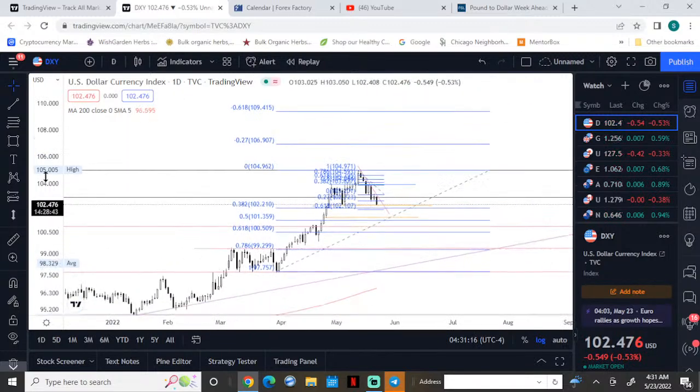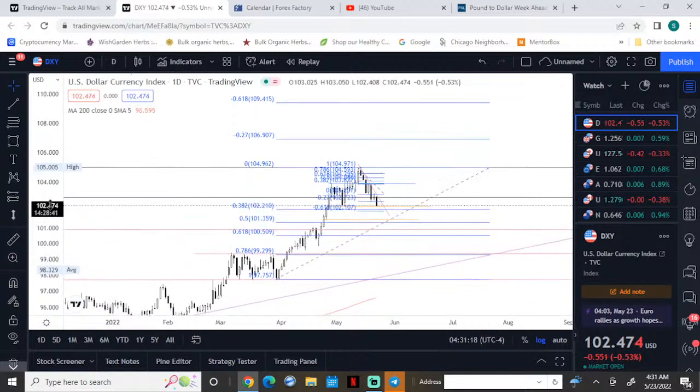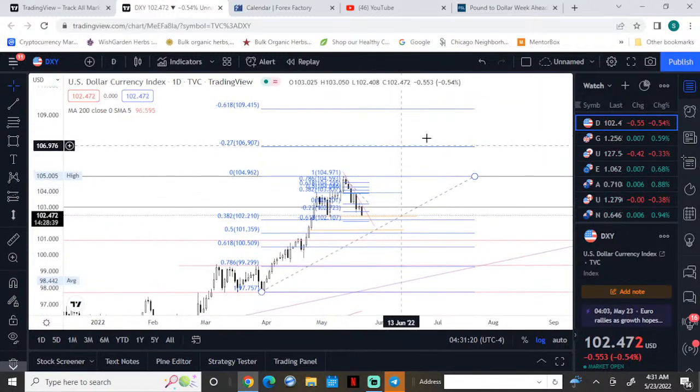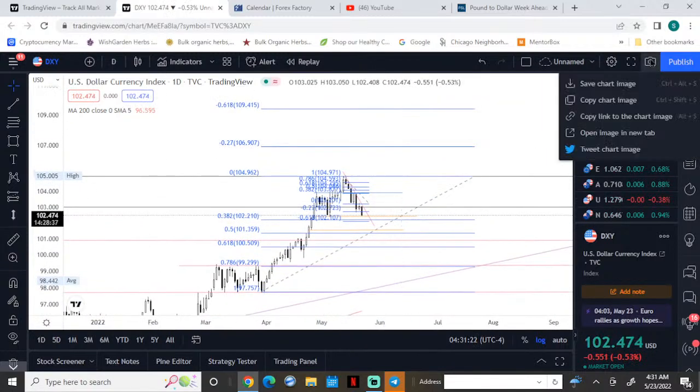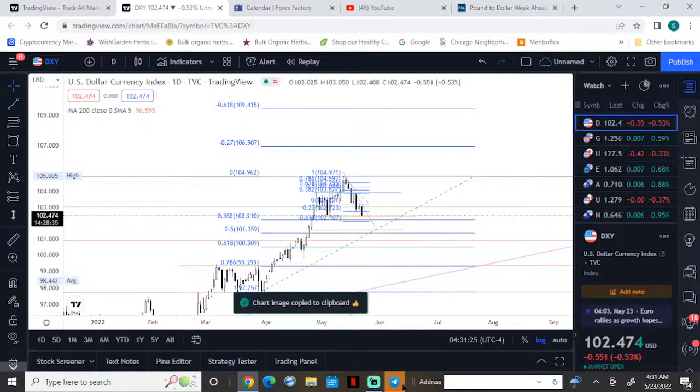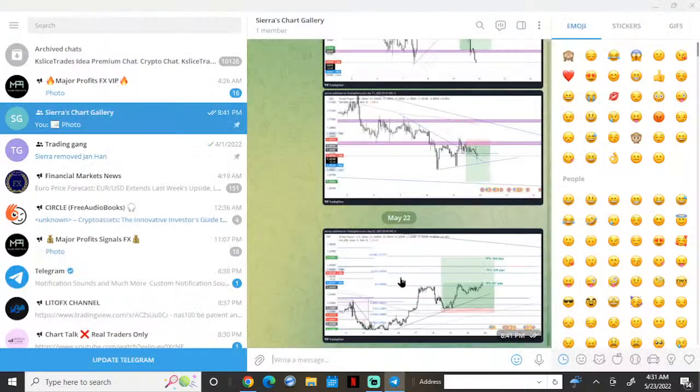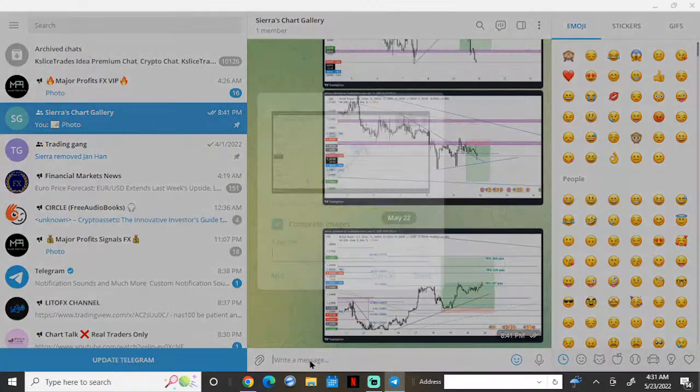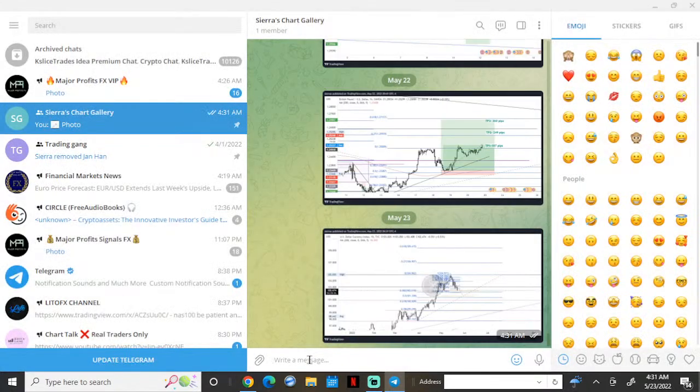I am just going to take a screenshot of this and add this to my chart gallery. If you don't have a chart gallery, start one, okay? I take pictures just to keep myself up to date.